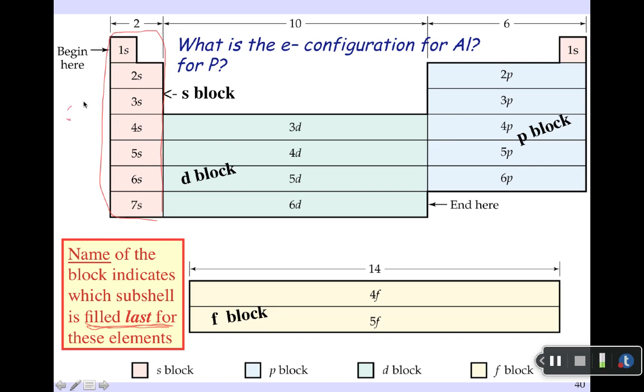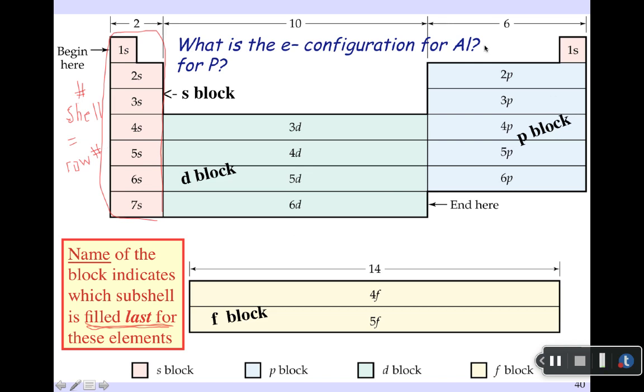The shell number is equal to the row number, as we were beginning to describe in class. So the row number gives you exactly what shell those electrons are in when you're looking at a particular element for the last electrons.